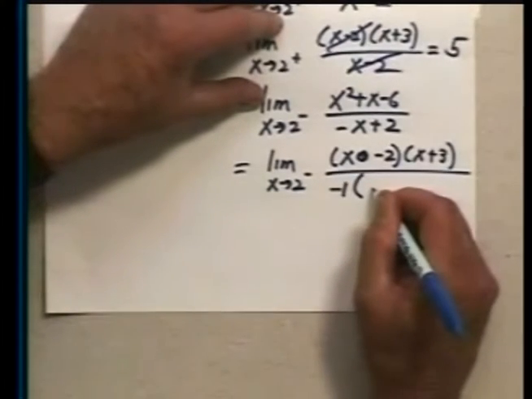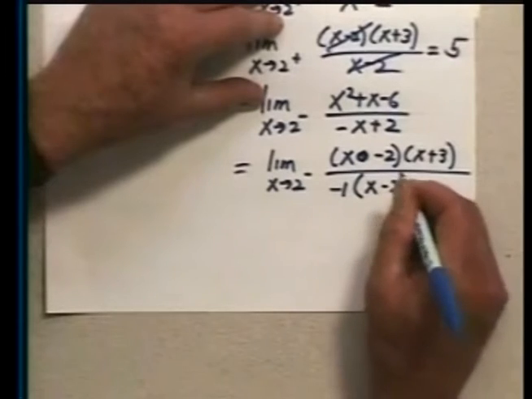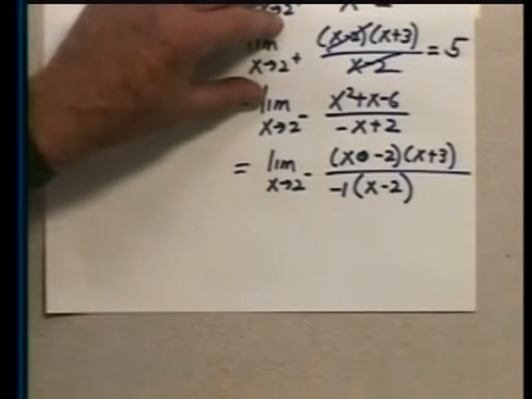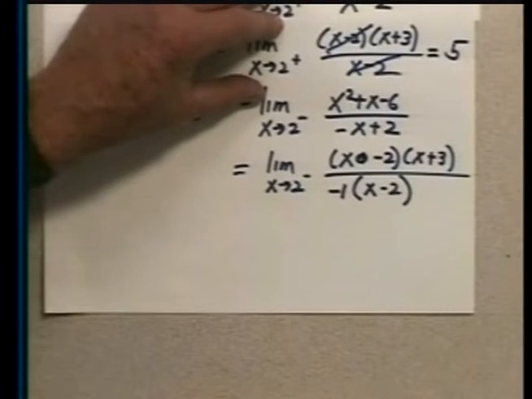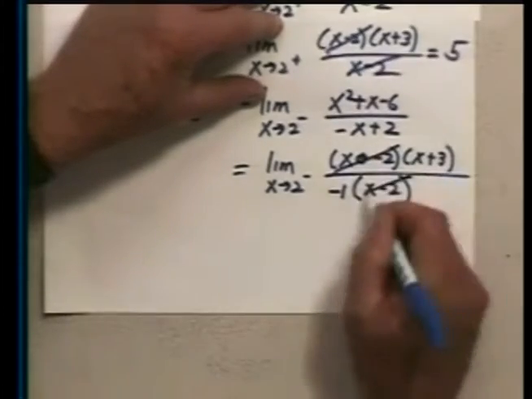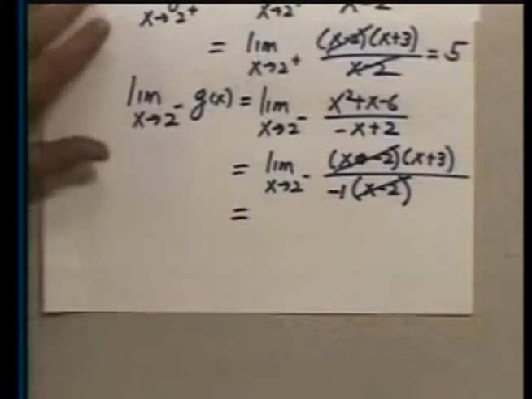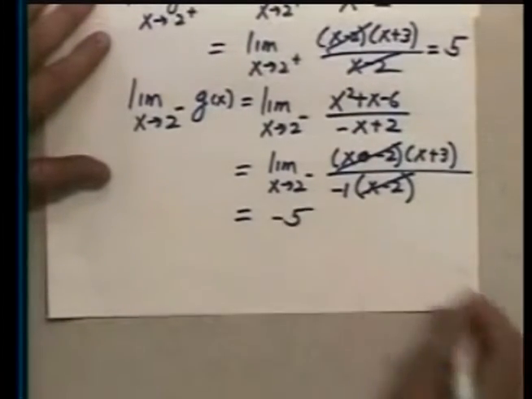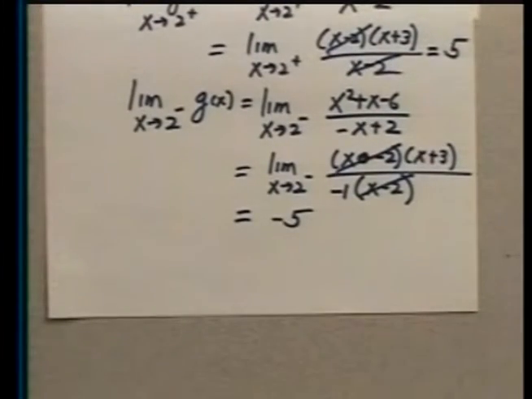Factor out a negative 1. And now they cancel. And what's the answer by direct substitution? All right, so the limit from the right is 5. The limit from the left is minus 5. So what's the limit, period?